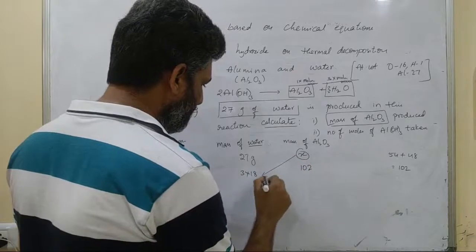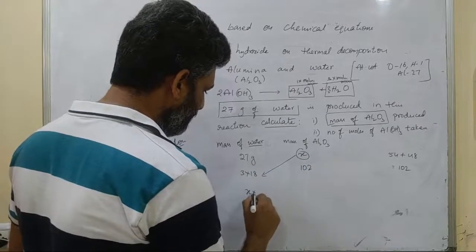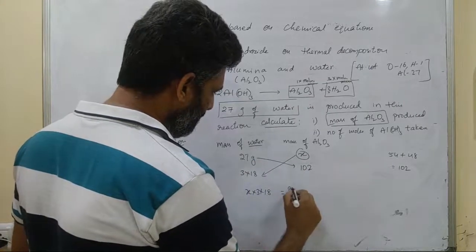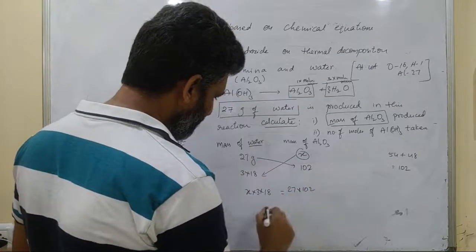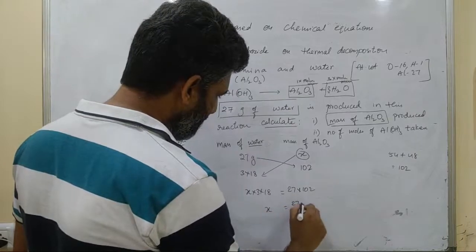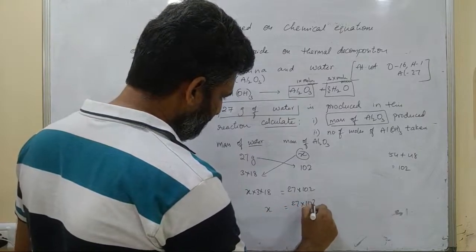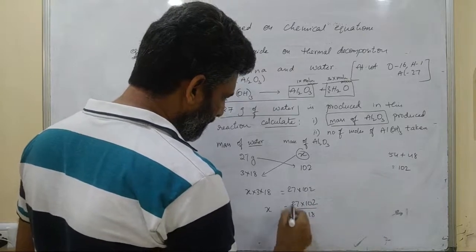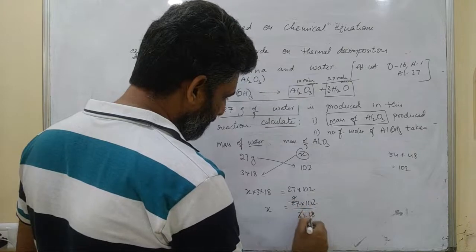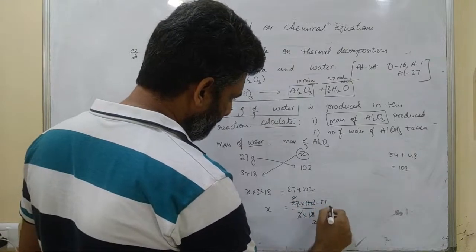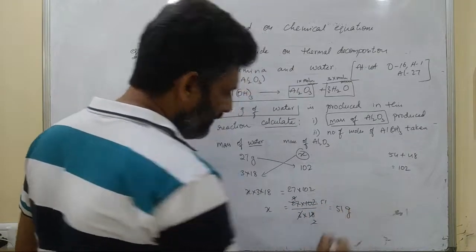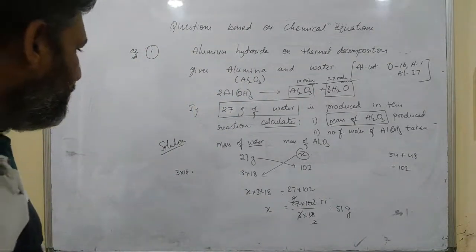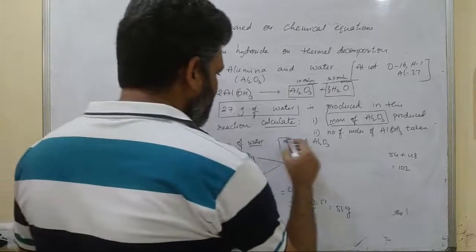Cross multiply: x into 3 into 18 equals 27 into 102. From here x equals 27 into 102 by 3 into 18. 3 nines are 27, 9 twos are 18, and 2 into 51 is 102. So 51 grams of alumina will be produced in this reaction.